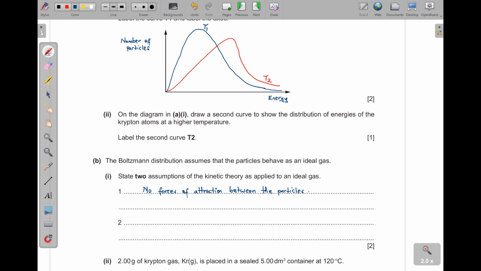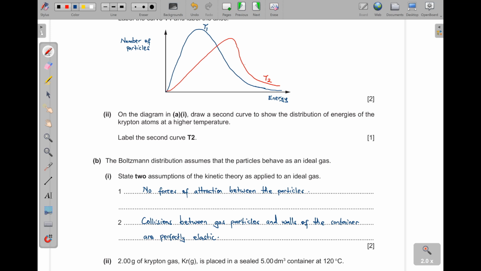So I will say collisions between gas particles and walls of the container are perfectly elastic. Okay, so that is that.